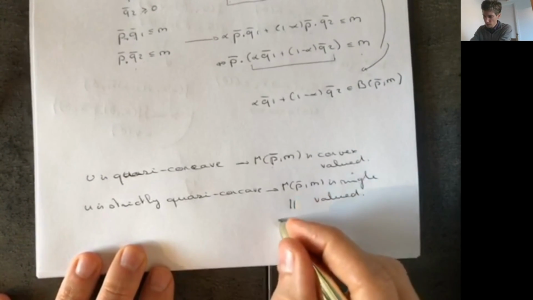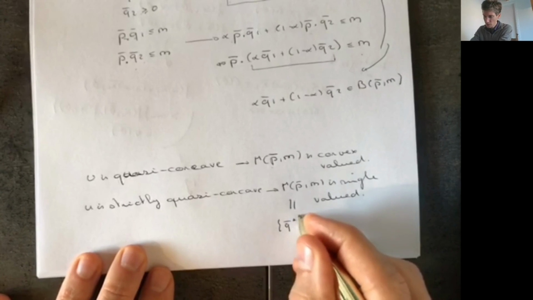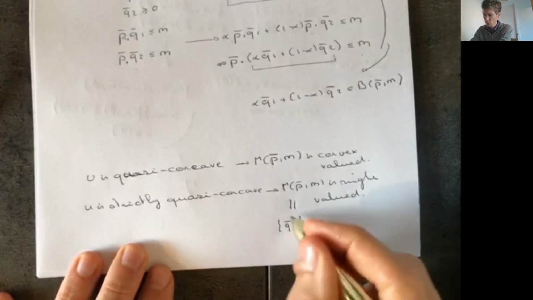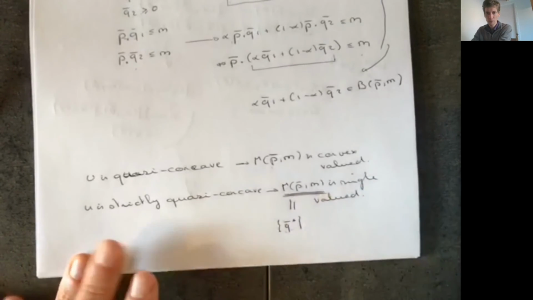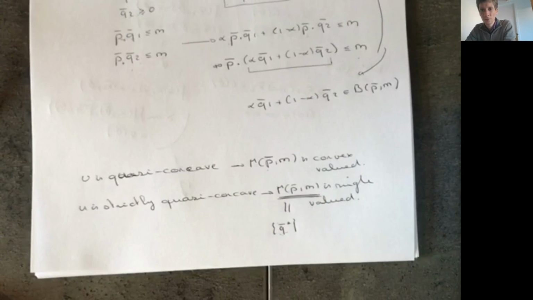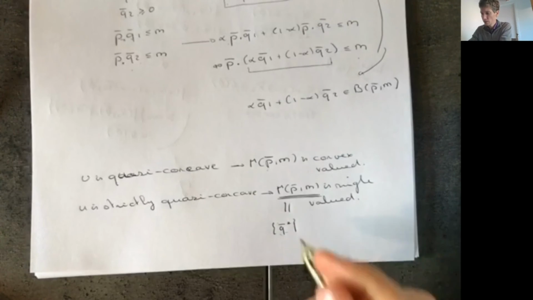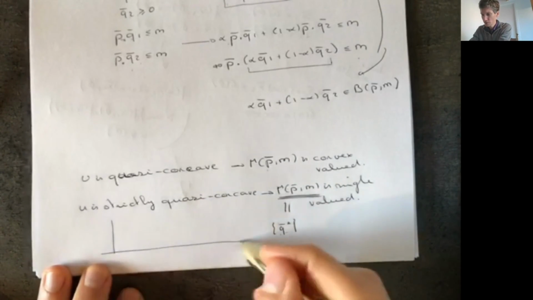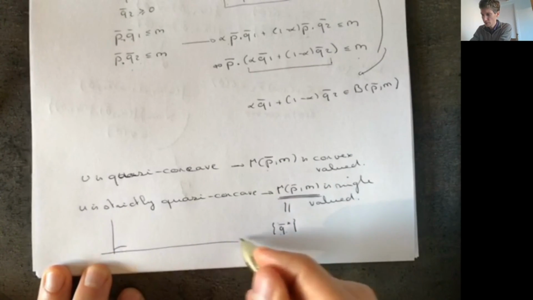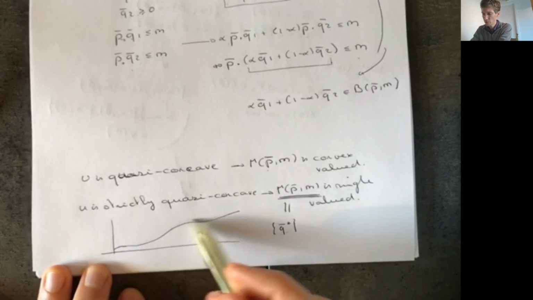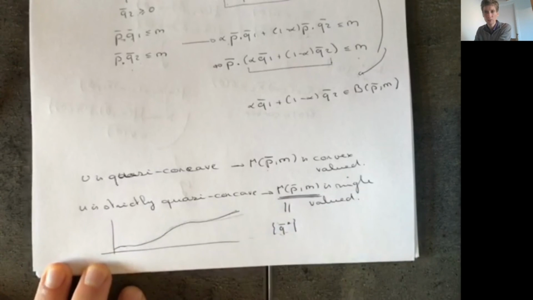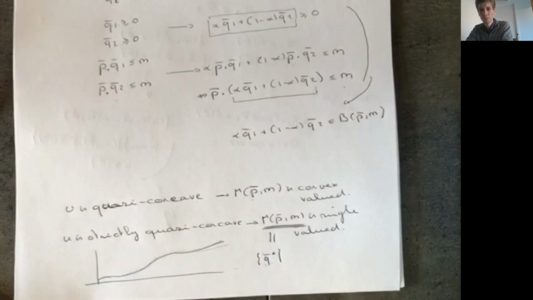Because this is upper hemicontinuous, as we have seen in one of the exercises on correspondences, if you have an upper hemicontinuous correspondence that is single valued, so for every point in the domain you only have one value, then the curve that you get out of it has to be a continuous function.